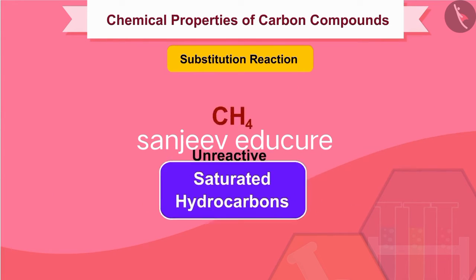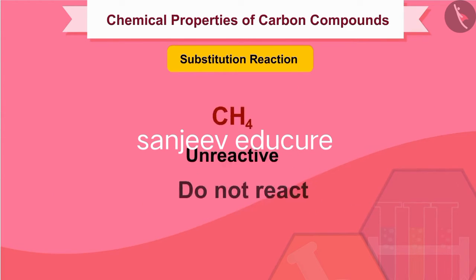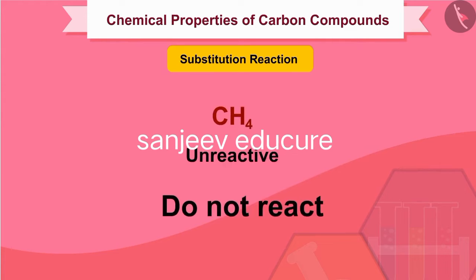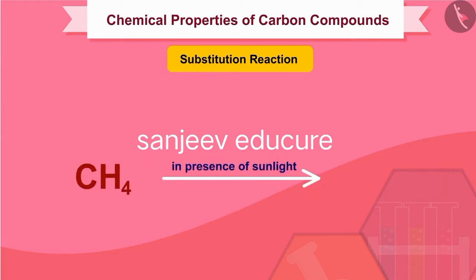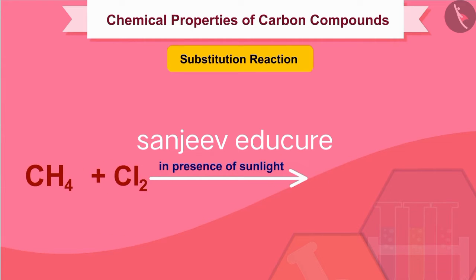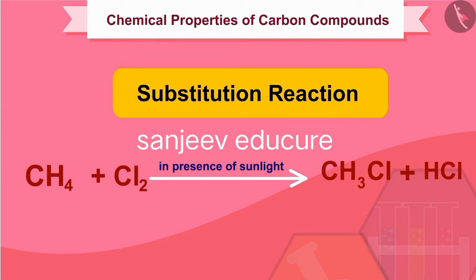Saturated hydrocarbons are quite unreactive and do not react with many substances, but they undergo substitution with chlorine in presence of sunlight. Also, since this substitution is taking place by chlorine, it is called chlorination.